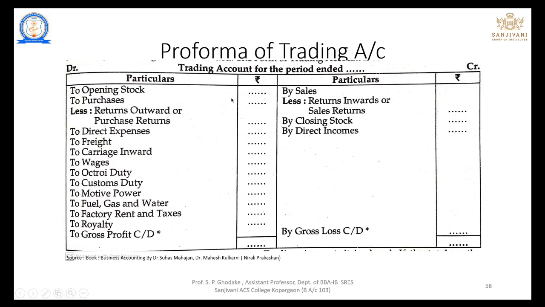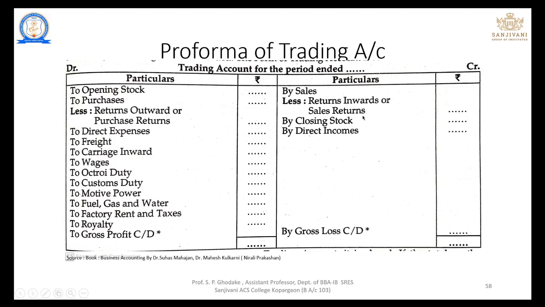We can do the adjustments in the inner column and we have the outer figure. Then we have the direct expenses: freight, carriage inward, wages, octroi duty, custom duty, motive power, fuel, gas and water, factory rent and taxes, and royalty. Those are on the debit side.